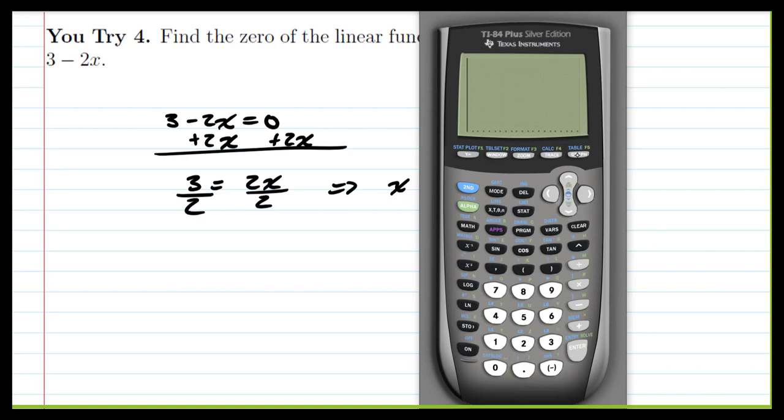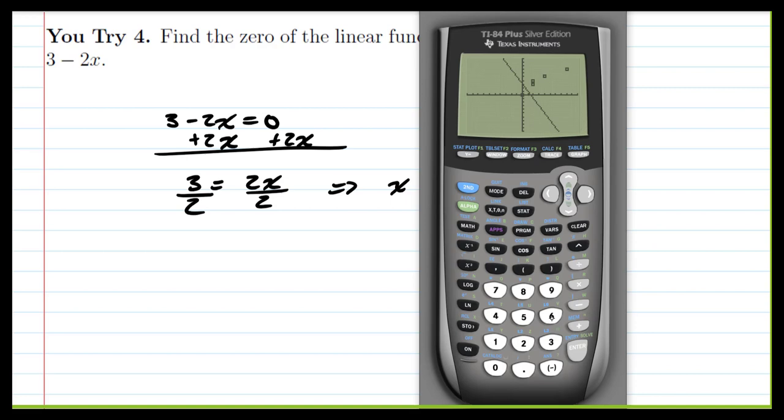First thing, when you press graph, you're probably not going to see anything because we've been messing with our window. So one thing we want to know how to do on our graphing calculator is if we press our zoom key, which is in the middle in the top row of keys, and then choose choice number 6 for standard, that'll take us back to the standard 10 by 10 window on our graphing calculator.